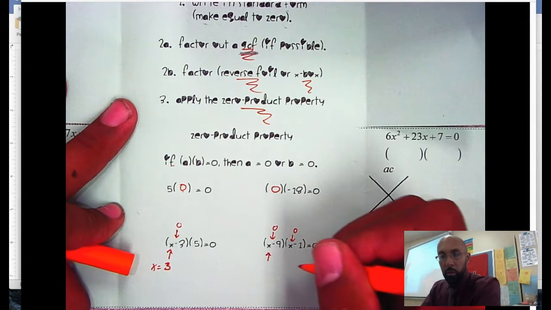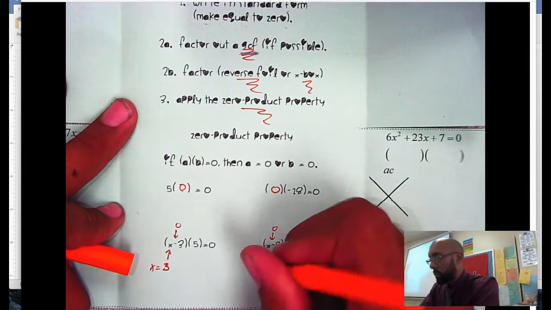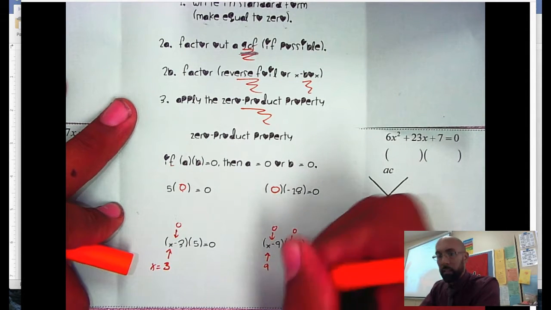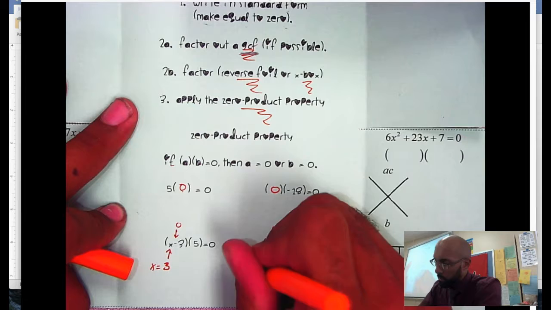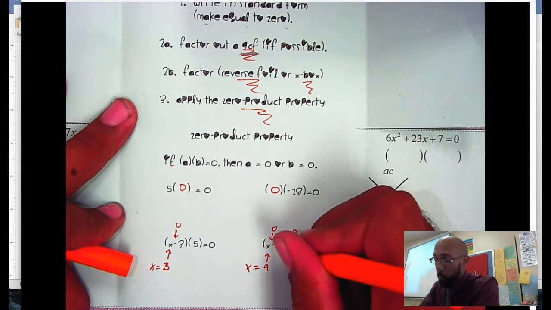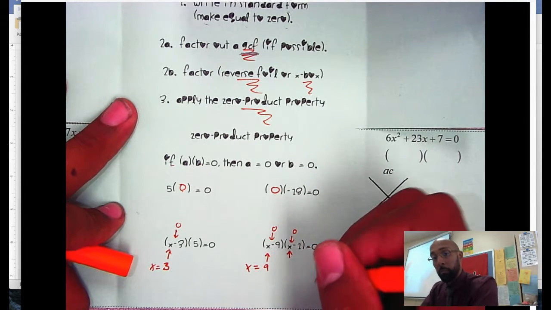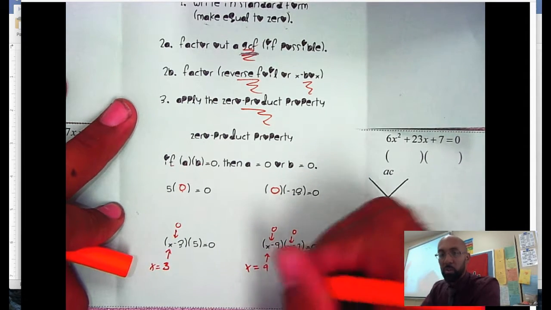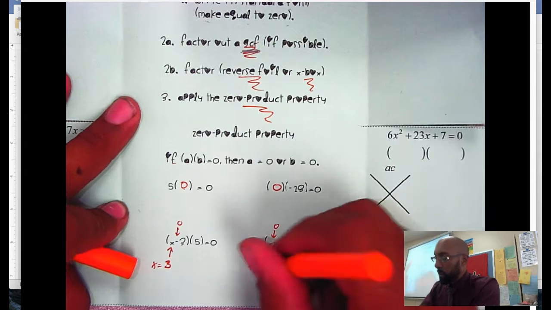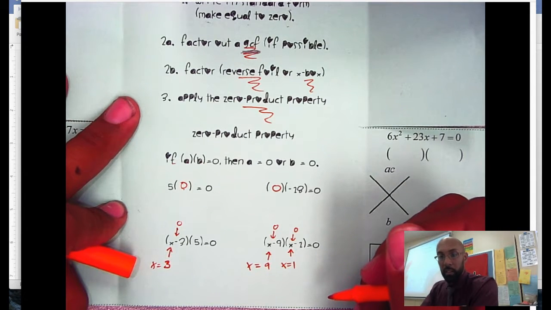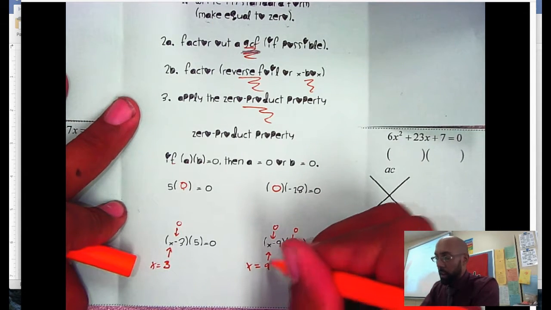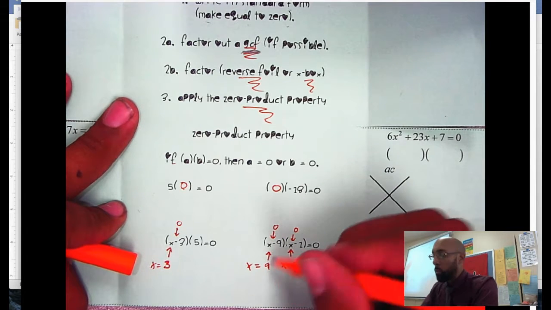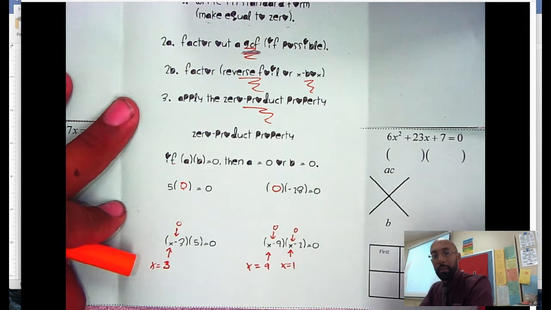So in order for that factor of parentheses to be equal to 0, I'd plug in 9, because 9 minus 9 is 0. But then also, if I plug in 1 over here, that would also be 0. So 1 minus 1 is 0, so there's actually 2 solutions for that one. And most of these problems, you're going to end up with 2 solutions like this case, where either 9 plugged in would make it equal 0, or 1 plugged in would make it equal 0.